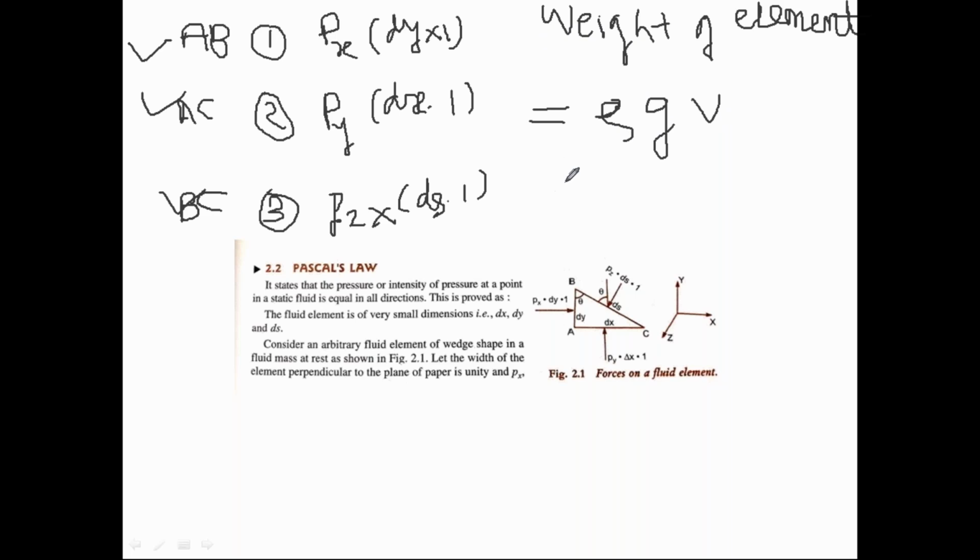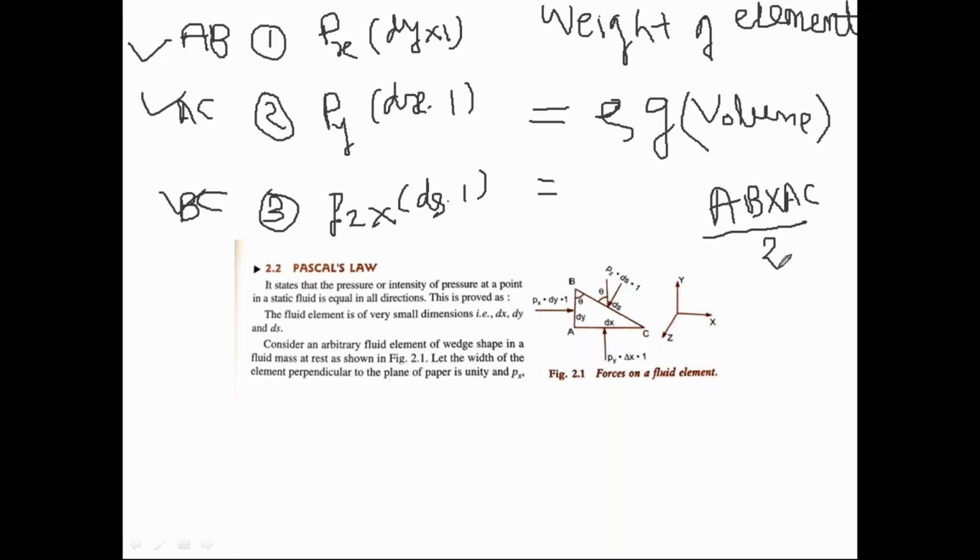So what we will do, v stands for the volume, the volume of the element. So to avoid confusion, I like to write this as it is, rho g, volume. Okay, so I'm writing the volume as AB into AC divided by 2.